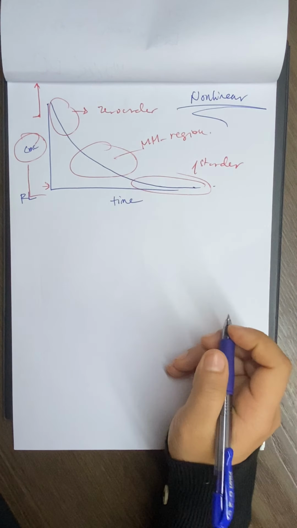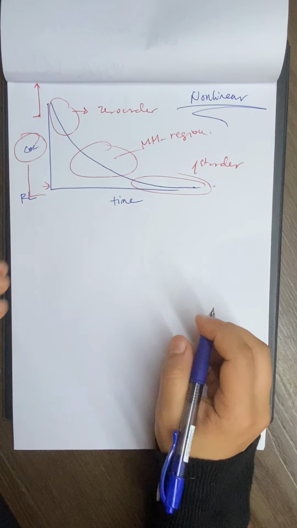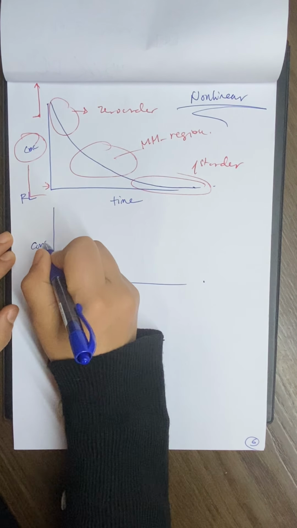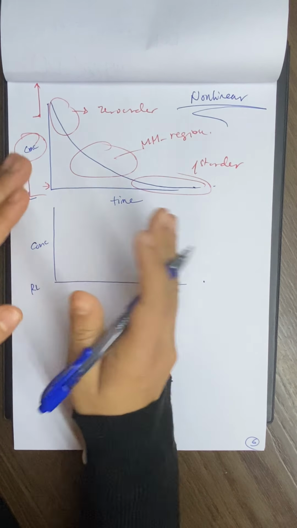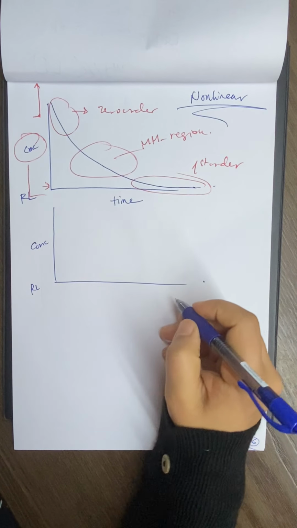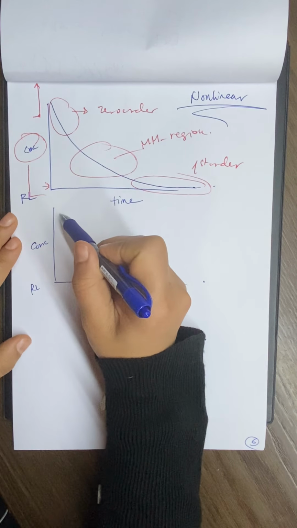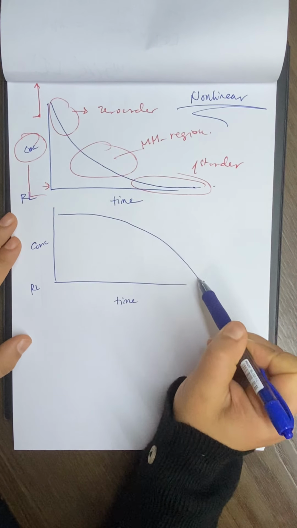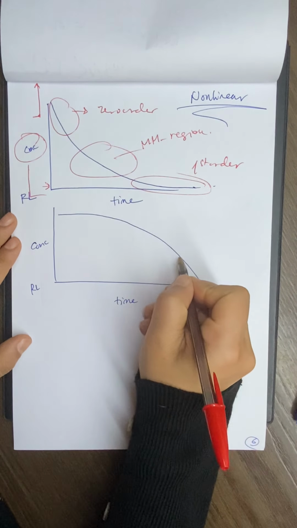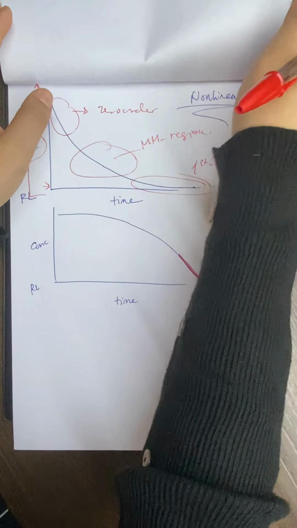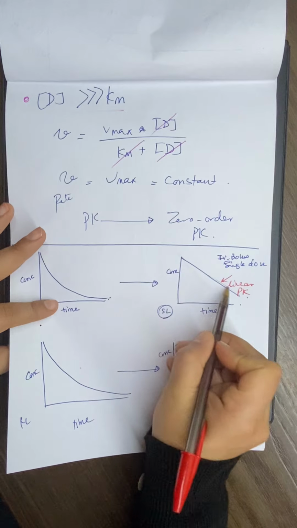When you change it to a semilog profile, again the location of each one of those regions will be the same. It won't be different. But once you have it like this, at low concentration it's behaving, as we said, as first order, which is linear.